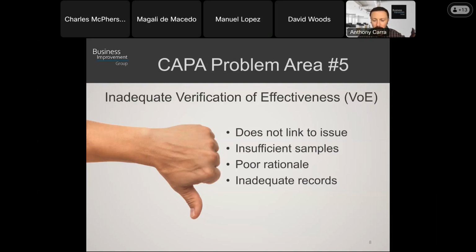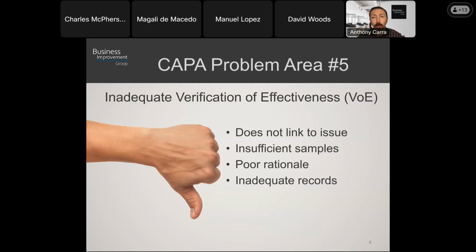Some organizations even go as far as saying every root cause needs a verification of effectiveness. And I often disagree with that statement, because I can have multiple causes that lead to a single type of problem. All right, let me take that back. We do want to demonstrate that we're addressing causes, and there may be different solutions, but it's not necessarily one-for-one where every solution needs an independent verification of effectiveness.